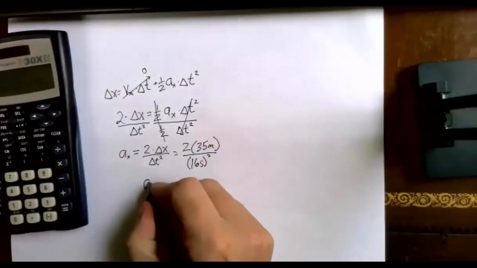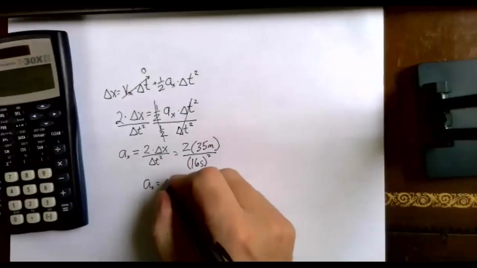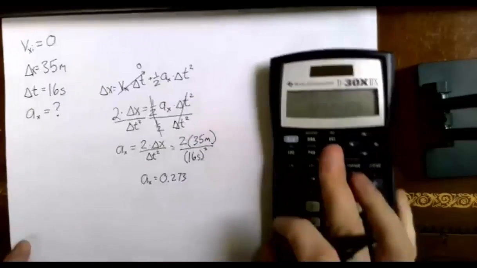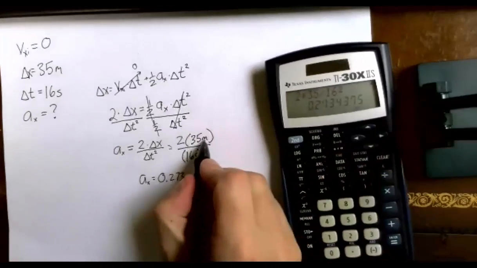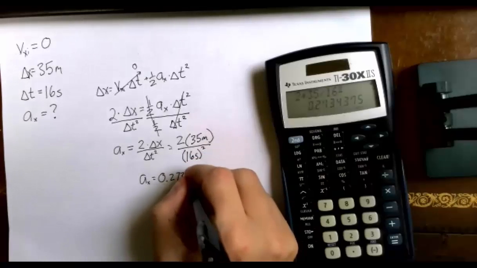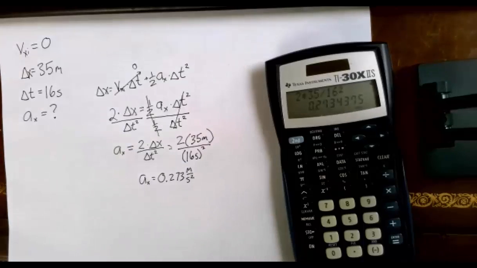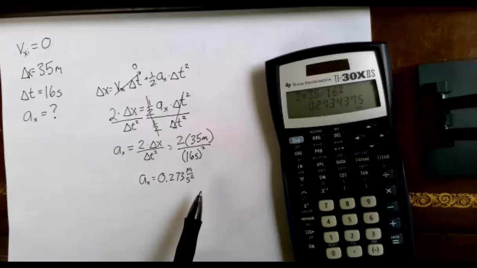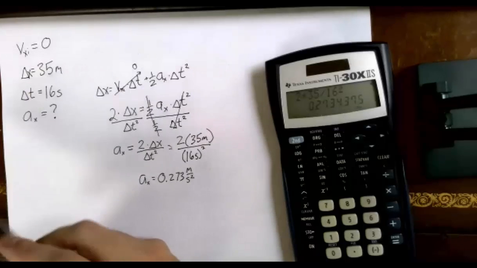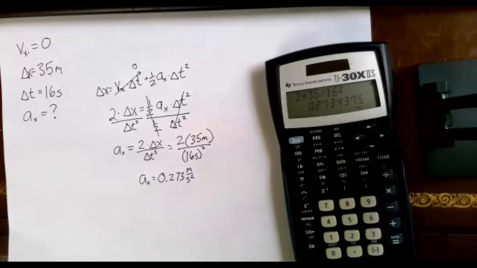So a small acceleration. 0.273. And my units, I have meters and then seconds squared in the bottom, so meters per second squared. That works out. That's the unit for acceleration. And it's a small acceleration, but you can see the object starts at rest and it takes 16 seconds and doesn't go very far. So a small acceleration sounds okay for that.